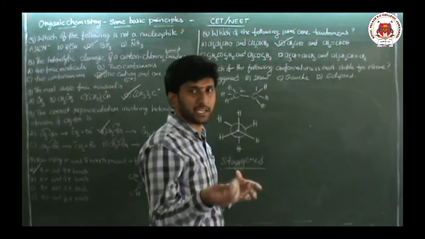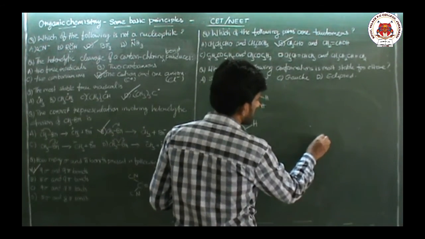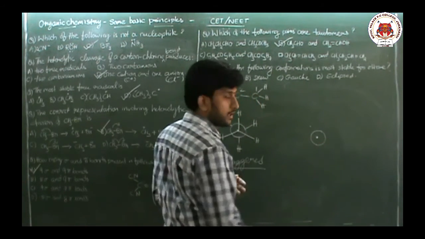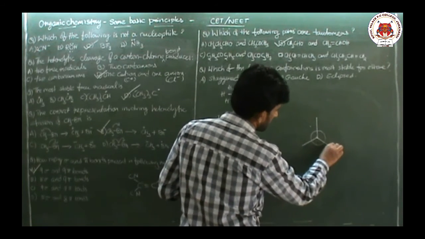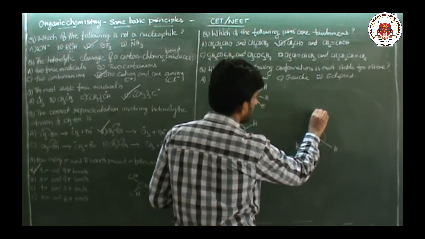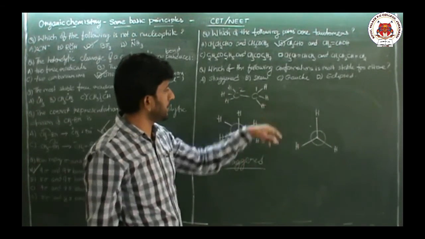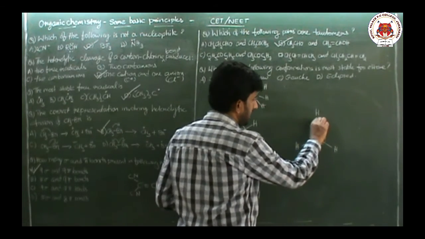There can also be another way of representation. Front carbon is a dot, back carbon is a circle. I draw 3 hydrogens like this on the front carbon. Similarly, you can represent 3 hydrogens in the same way on the back carbon, exactly adjacent to them.